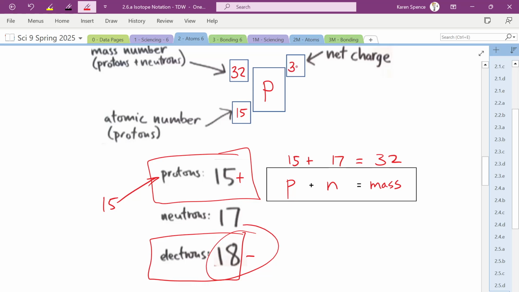So we will write 3 minus. Oh, this is on page 108. My apologies.